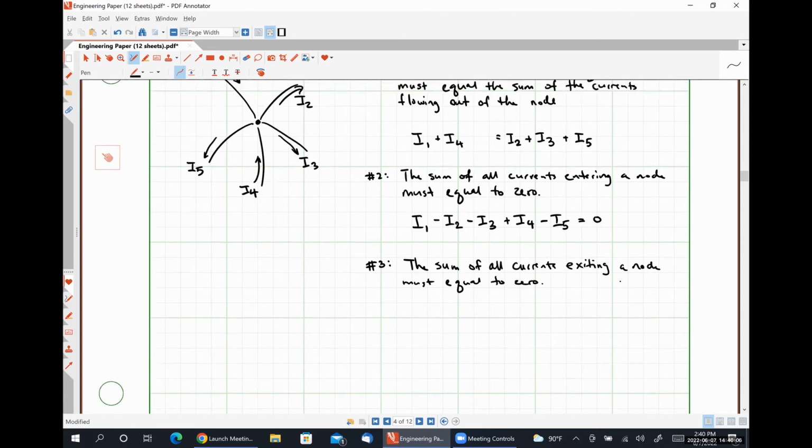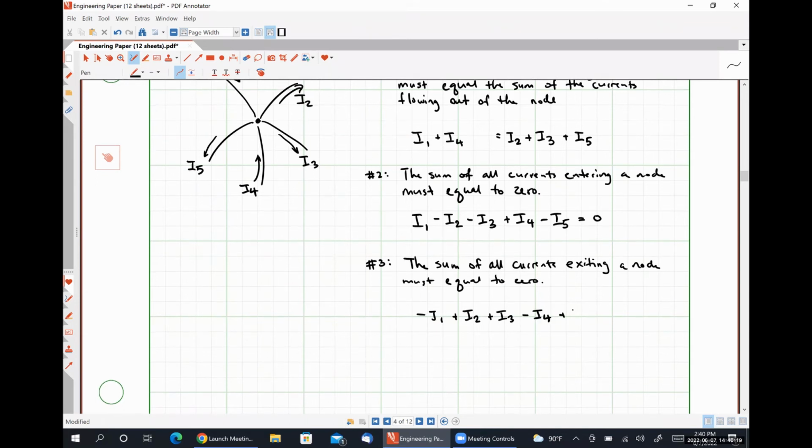So in this case, negative I1 is exiting, positive I2 is exiting, positive I3 is exiting, negative I4 is exiting, and positive I5 is exiting.